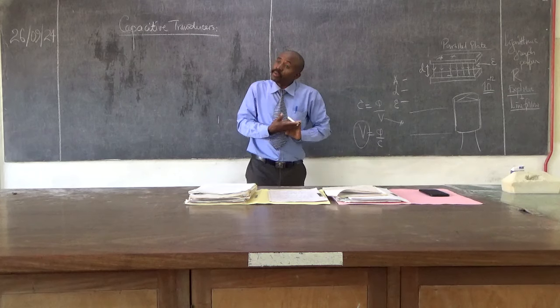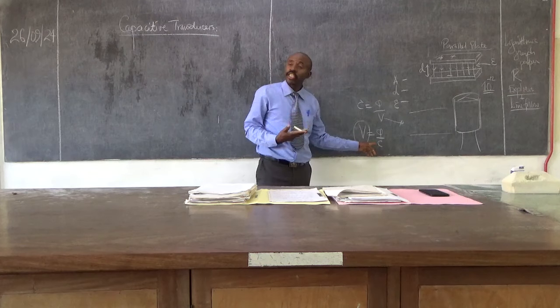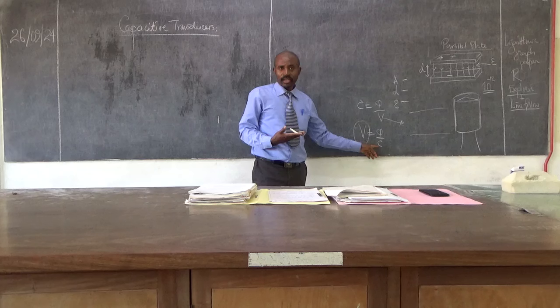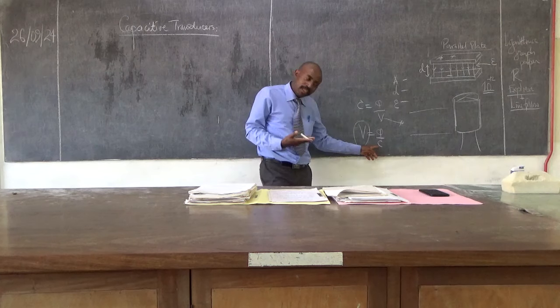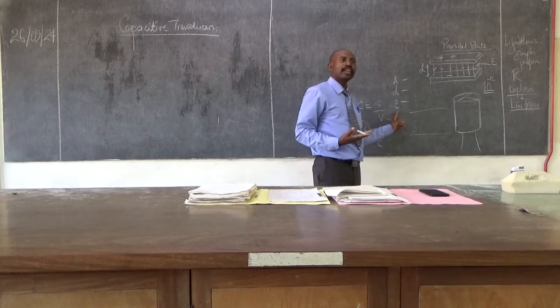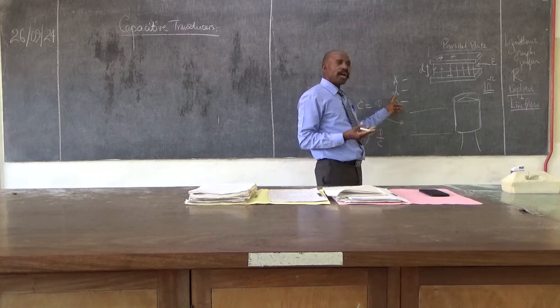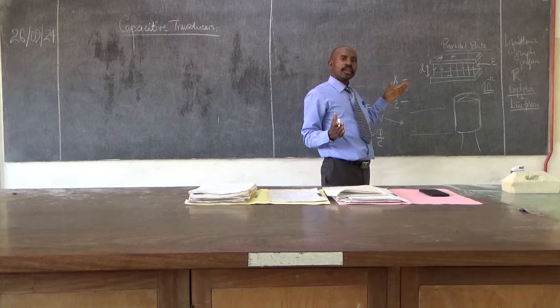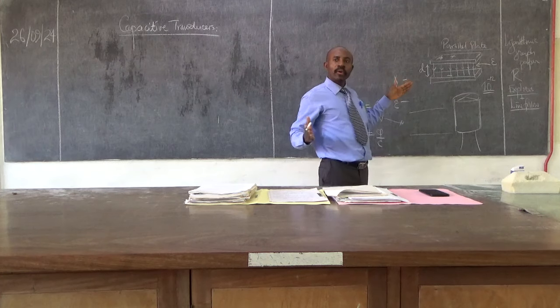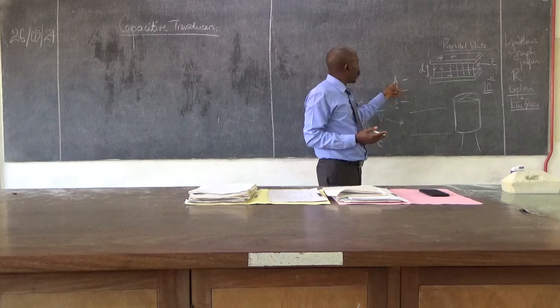But actually what is changing is the capacitance. And it is changing because either you are changing the dielectric, pushing it in or withdrawing it, or you are separating the plates farther away or nearer, or you are changing the area.